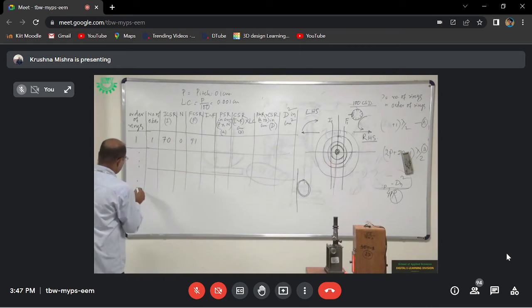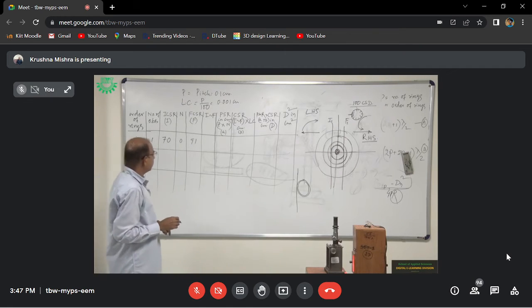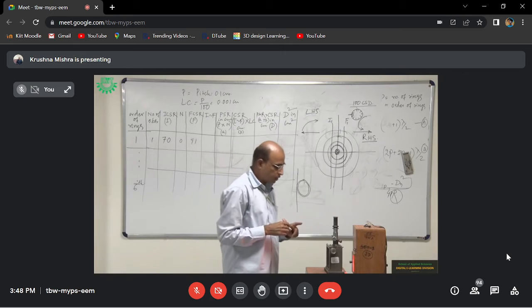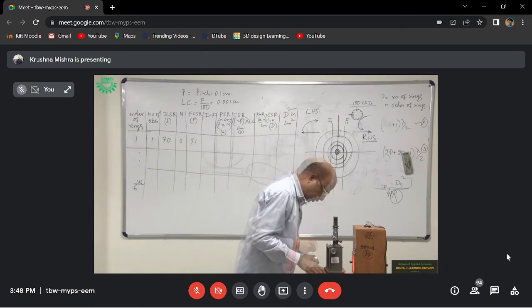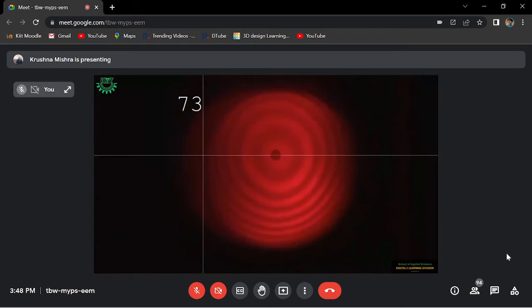Then suppose I am coming to the sixth ring, order of ring is 6. Then here I have to see what is the initial reading, in between 73 and 74.